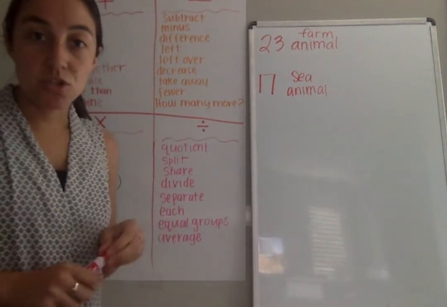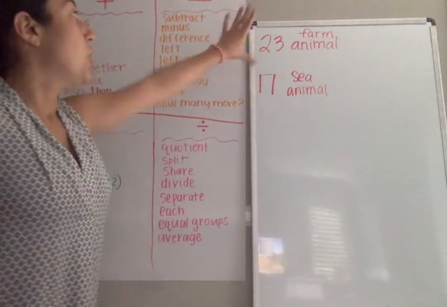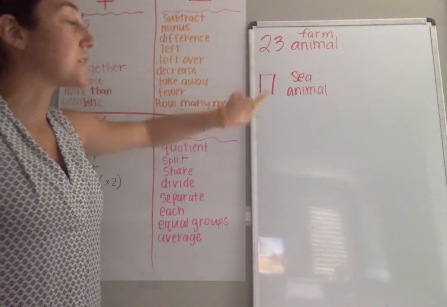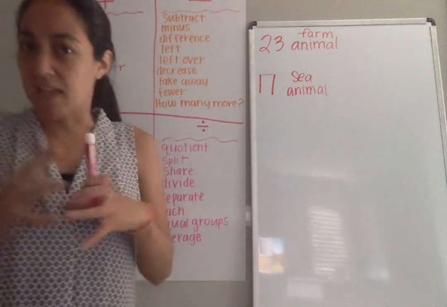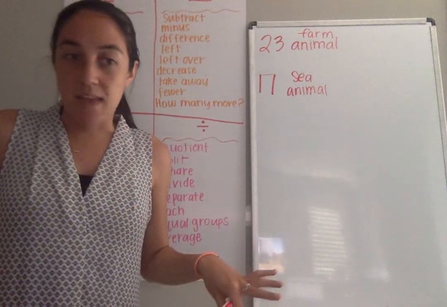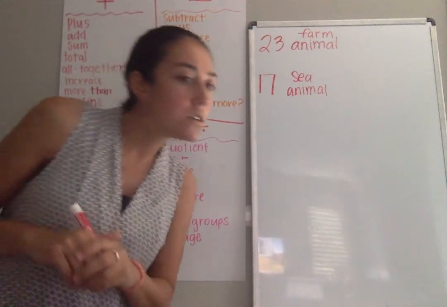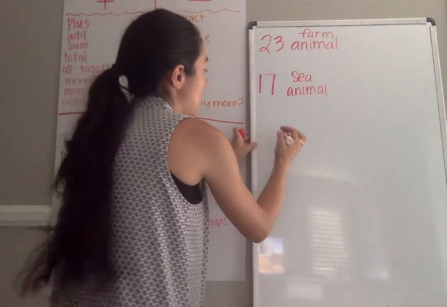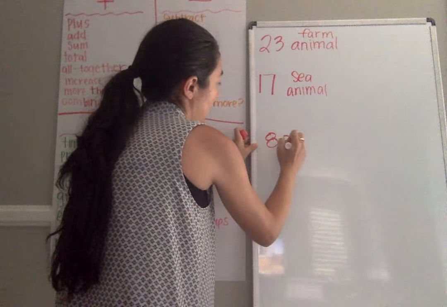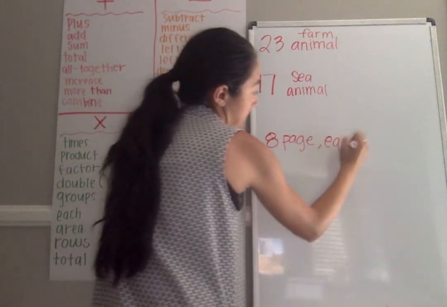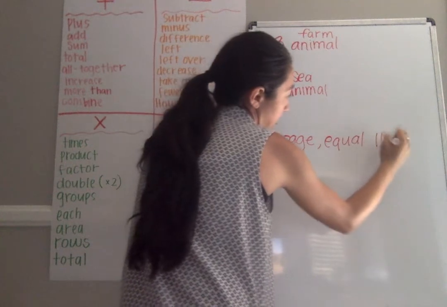So this is going to be a 2-step problem because he has 23 farm animal stickers, 17 sea animal stickers, and then he needs to put them together and separate them onto 8 pages. So I'm going to write that here as well. And maybe I'll write equal number of stickers on each page.